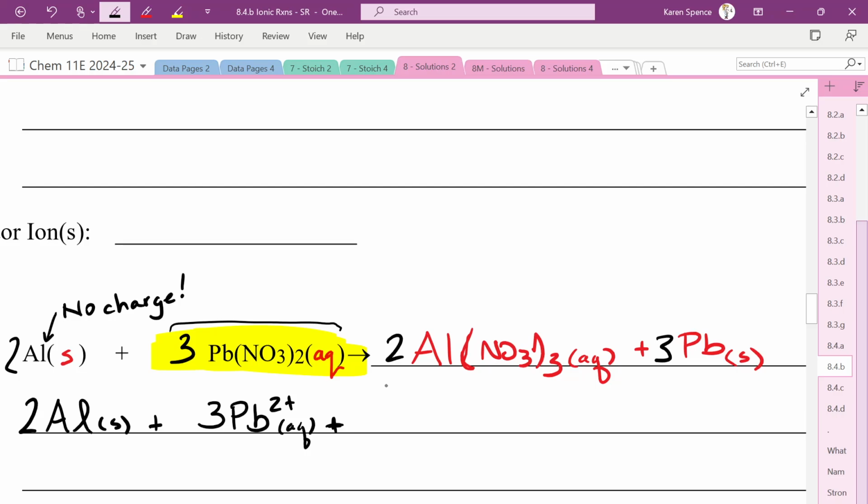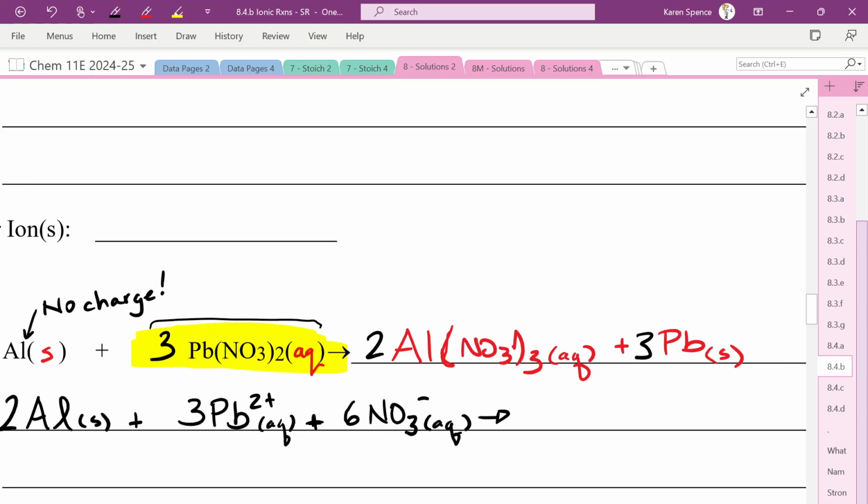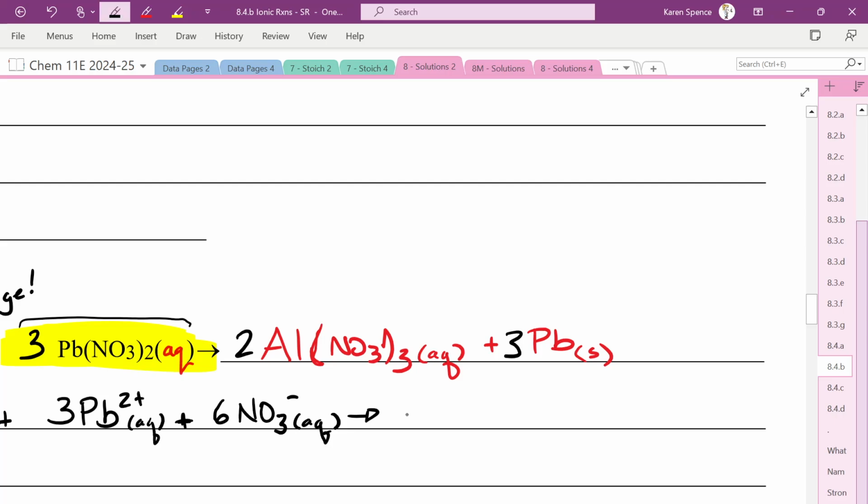How many nitrates? 6. Two aluminum. Six nitrates.